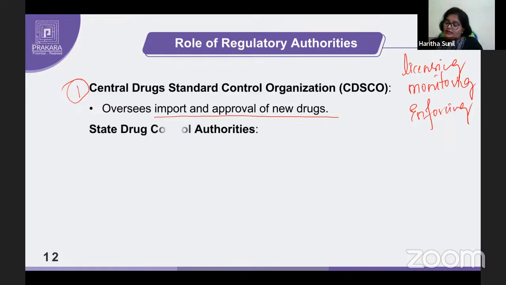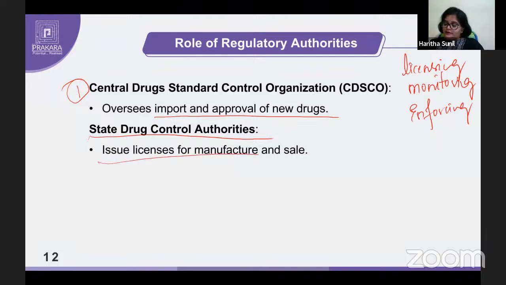And then the second regulatory body that we have is the state drug control authorities. These authorities operate at the state level and are responsible for enforcing the act within their respective jurisdiction. Their key responsibilities include issuing licenses for manufacturing and sale, inspections and audits, and also enforcement actions.